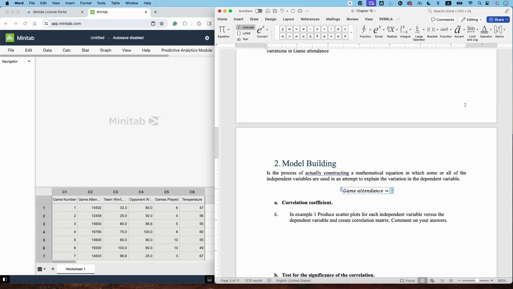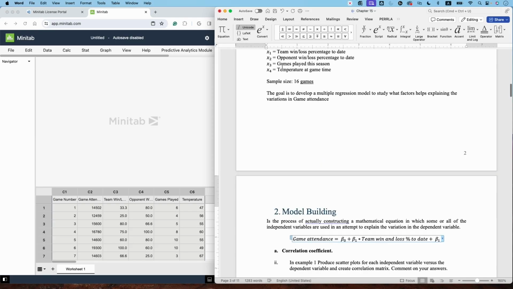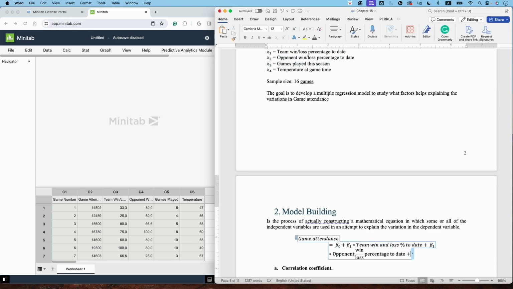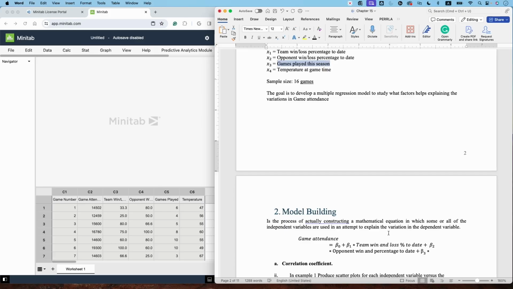We are trying to write this in terms of beta naught plus beta 1 times team win-loss percentage to date, plus beta 2 times opponent win-loss percentage, plus beta 3 times the games played in the season.